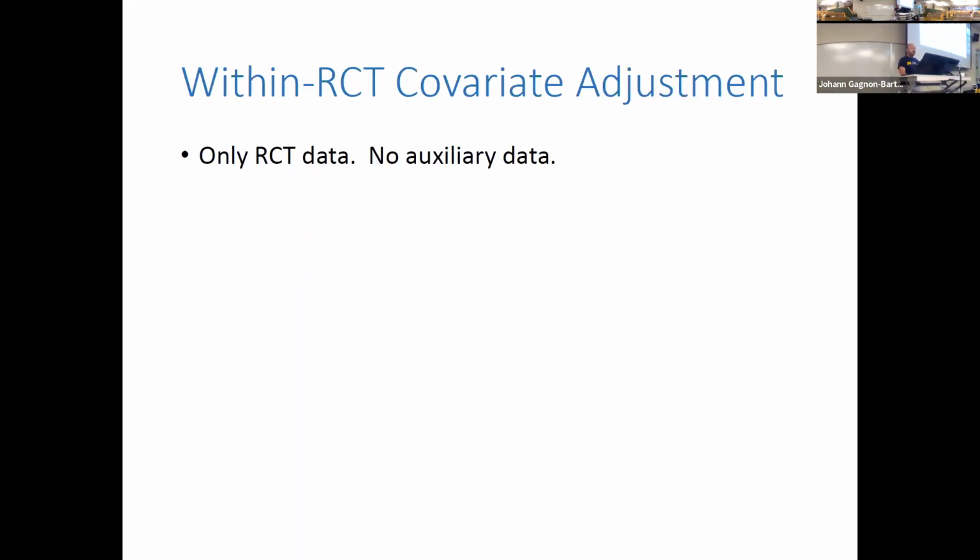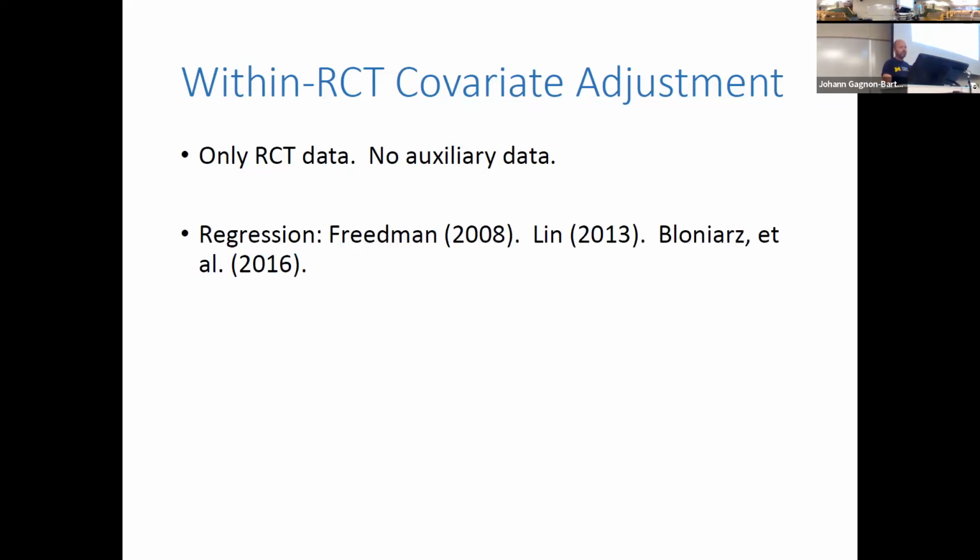Okay. I'm going to shift gears a little bit and talk about what someone might do if they only had the randomized trial. So we're putting out of our heads now for a minute any auxiliary data. We're working only with RCT data. What might you do? There is a long literature of doing covariate adjustment purely within your RCT estimate.